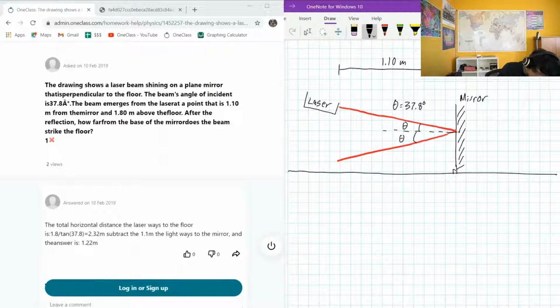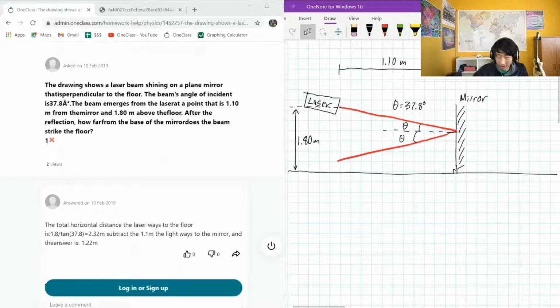Laser, and this distance is 1.8 meters. Ignore that the diagram is not to scale.